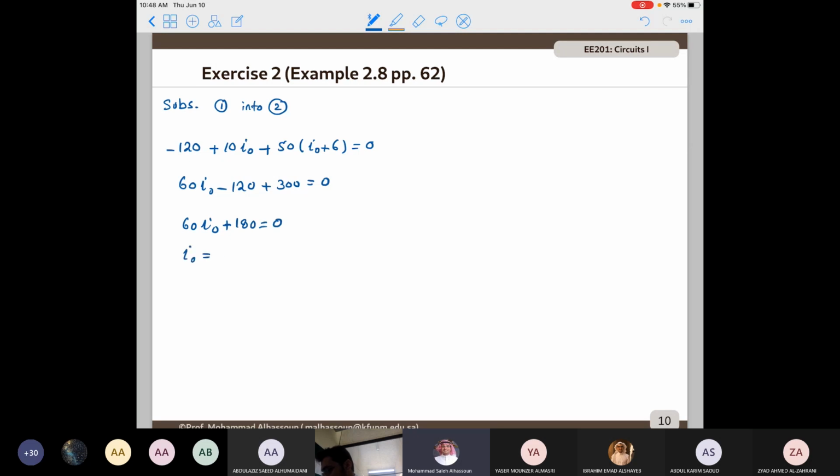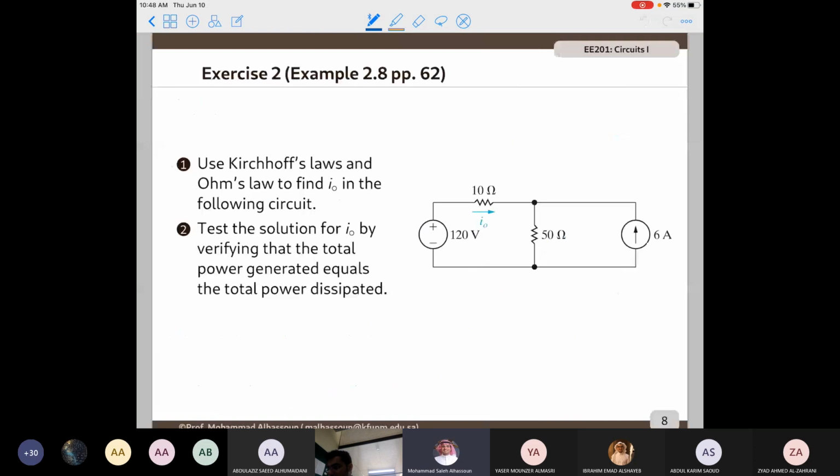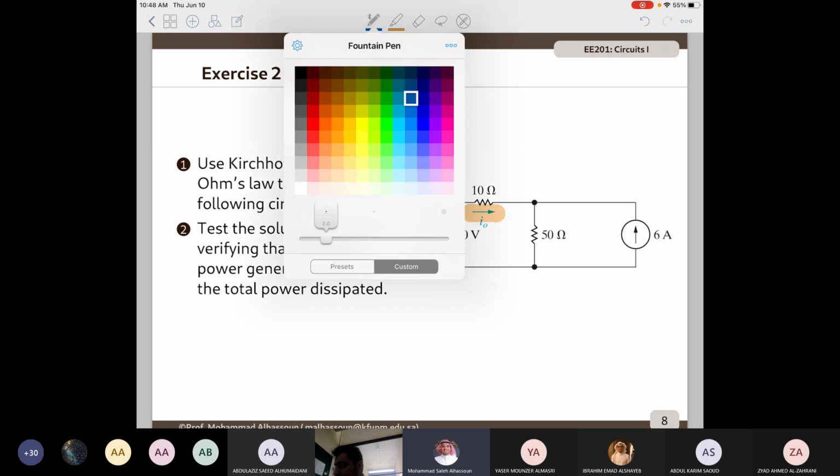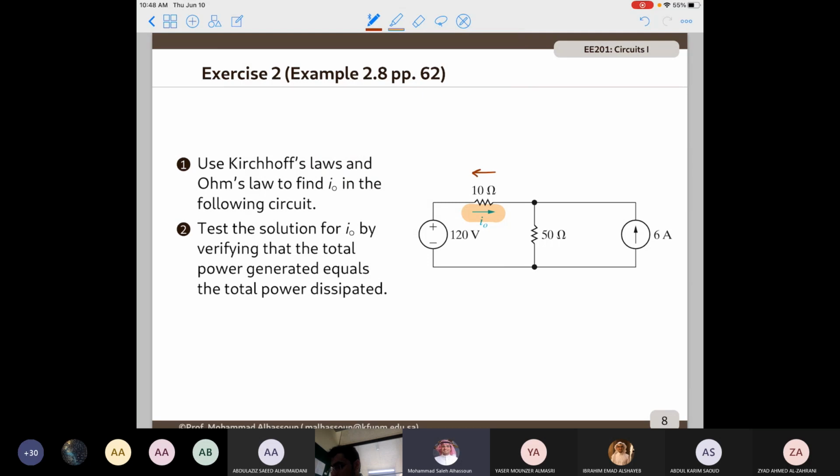So I naught will be minus 3 amperes. Ix will be 3 amperes. Now we found the value of I naught. It's negative, which means that the original assumption that I naught is flowing in this direction is incorrect. So the actual direction of the current flow is in this direction.